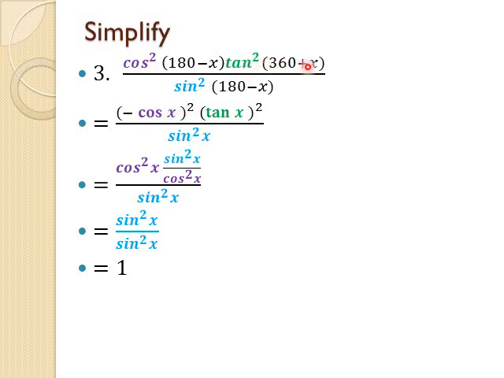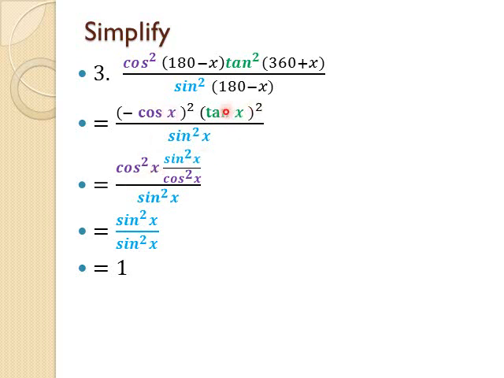There, tan squared of 360 plus x, 360 plus x falls in the first quadrant, so that is positive tan x, but there again, as you see, I can move the square outside. 180 minus x, second quadrant, so sine is positive there, and that becomes sine squared x. There, negative times negative, positive, cos x times cos x, cos squared x.